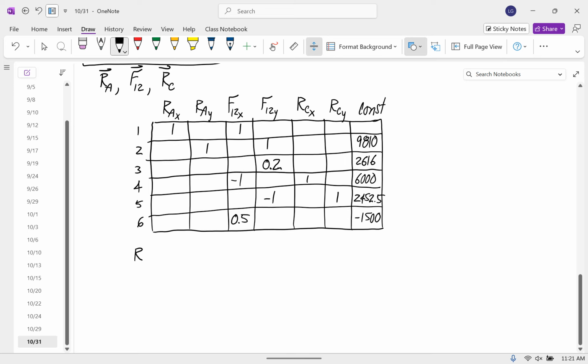So I got RA vector is equal to 3000, negative 3270.